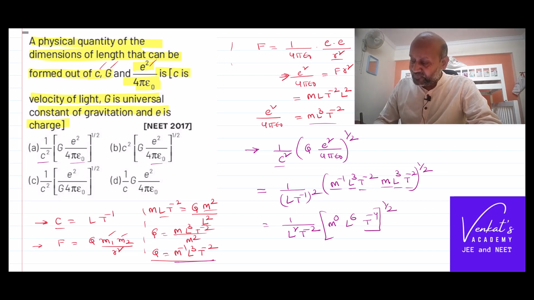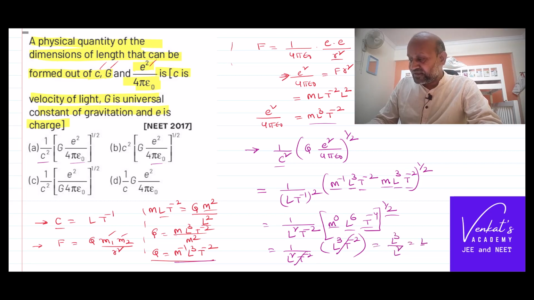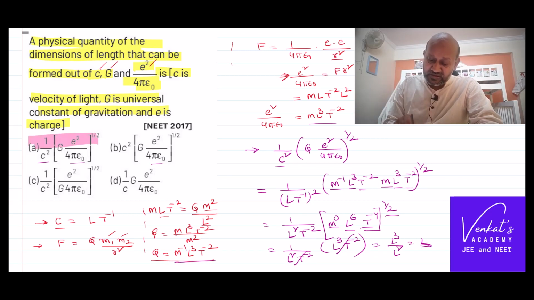So, that is 1 by L square t power minus 2, M power 0, do not worry about that, L power 6 and the square root, whole power half means square root, t power minus 4 under the square root is t power minus 2. T power minus 2 is there in the numerator and denominator, that gets cancelled. So, what is remaining is L cube by L square, that is L itself. So, fortunately, the first option itself has given you the answer of dimensions of length.